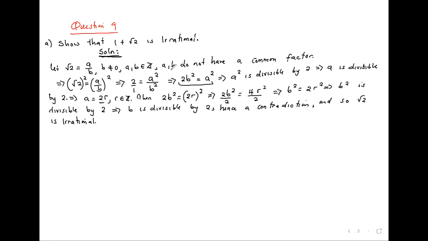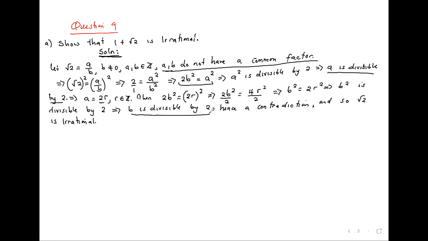Why a contradiction? We said that A and B do not have a common factor. But here we're talking about A being divisible by 2, B divisible by 2.